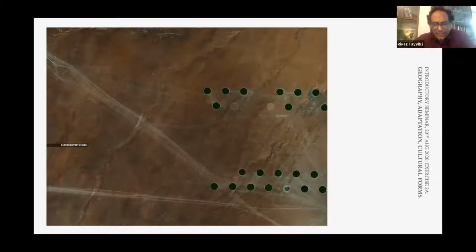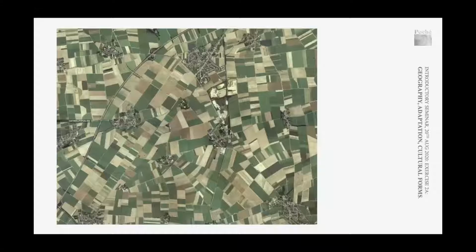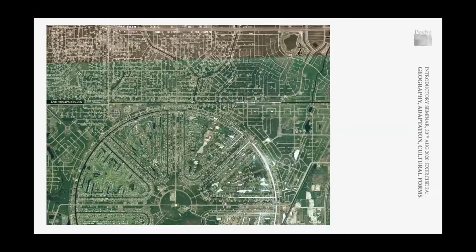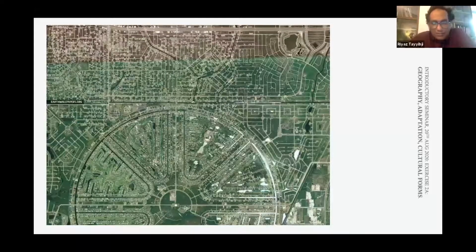The desert in the UAE, I think. Just some more patterns that look like the machines that we make, the circuit boards of our computers, but that is an American city.